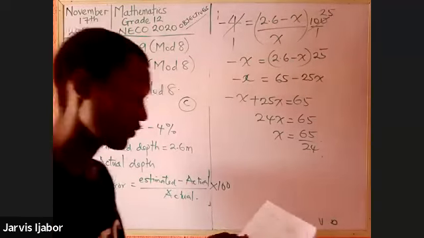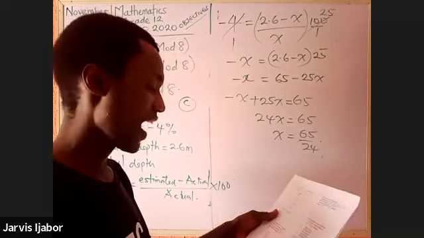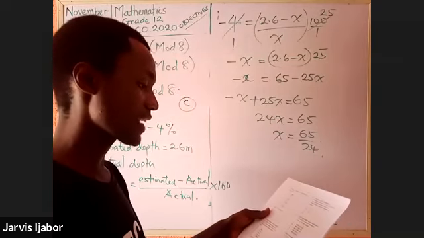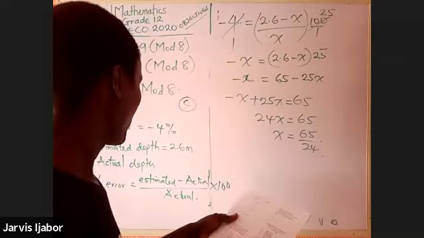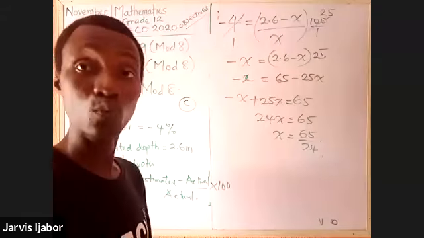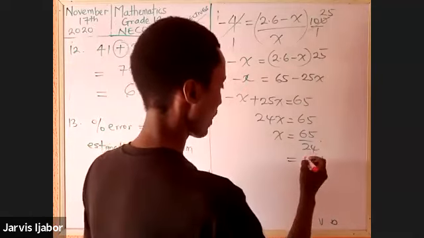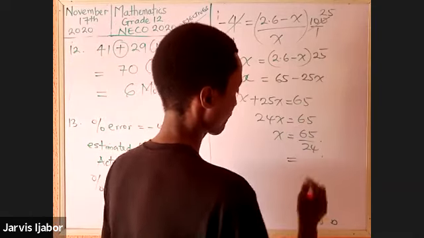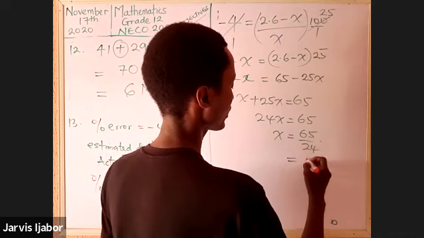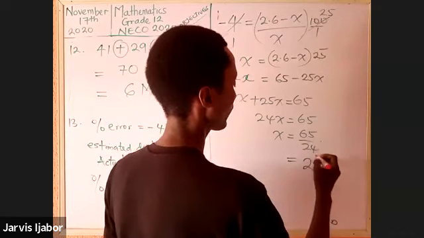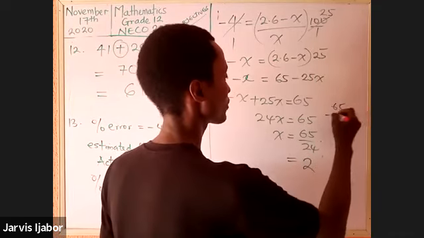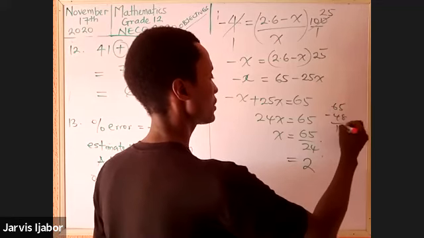If you look at this question very well, I already have a fair idea of what the answer will be, because I said that for this to happen, it means that the actual is way higher than the estimated. So this will give me what? That will give me 48 there. That will be 2, whole number. 65 minus 48 will give me 17.